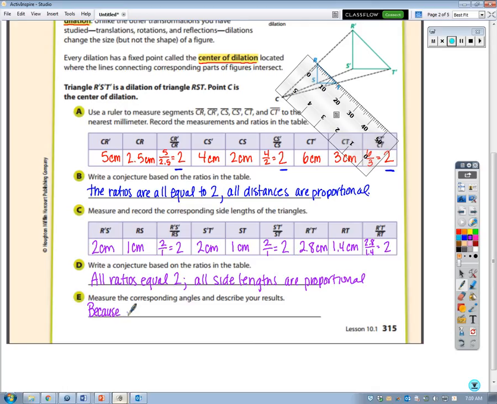But I'm going to say because I know side lengths are proportional, and shape has not changed, because they told us that in the beginning here, remember up here. Dilations change the size but not the shape. So because shape has not changed, I know that my angles are congruent.